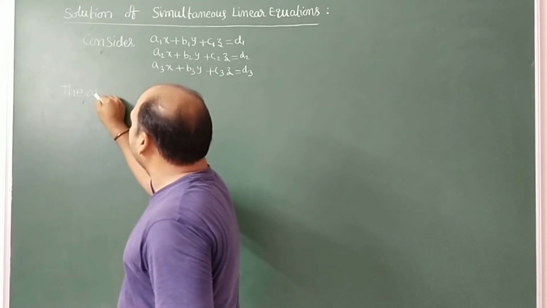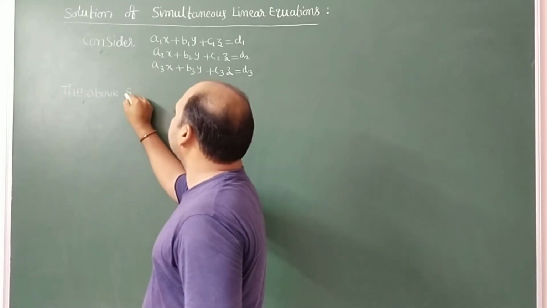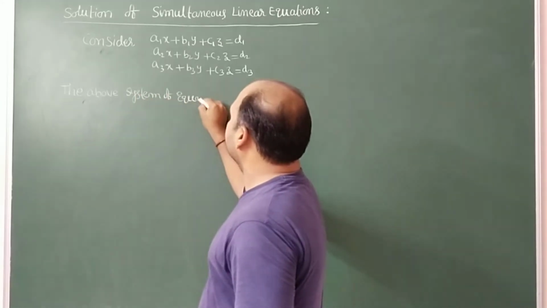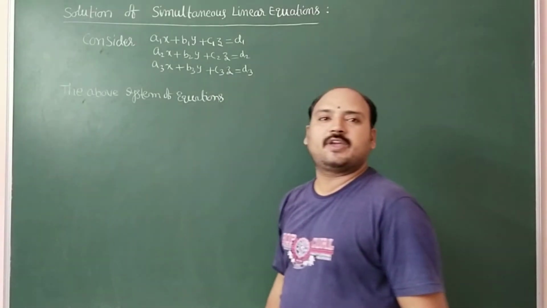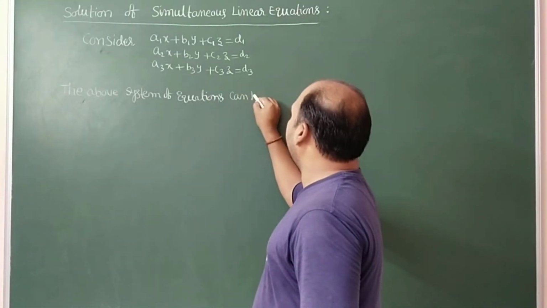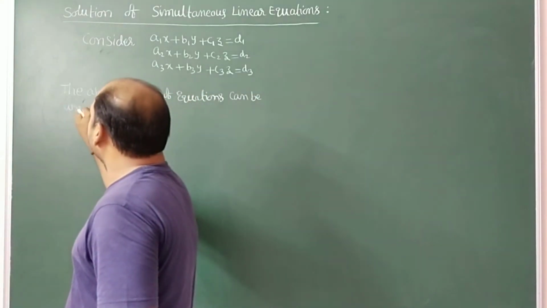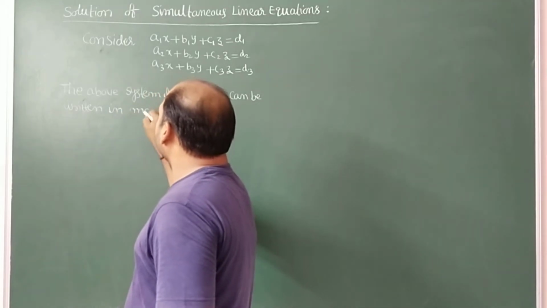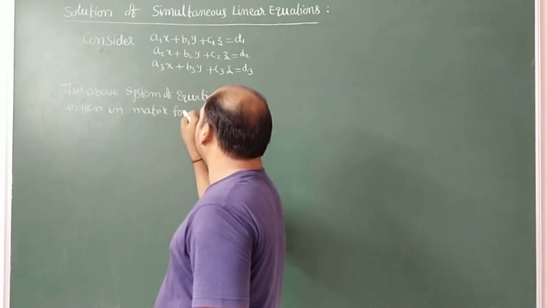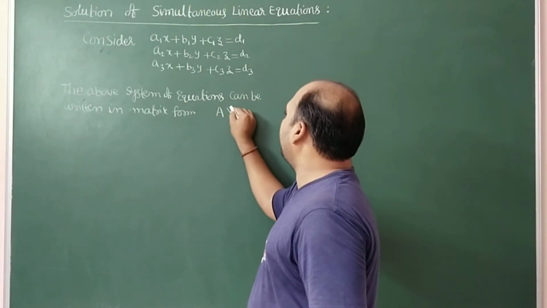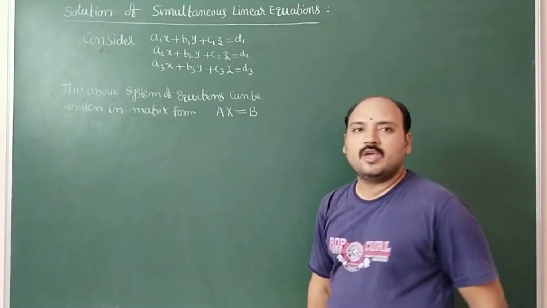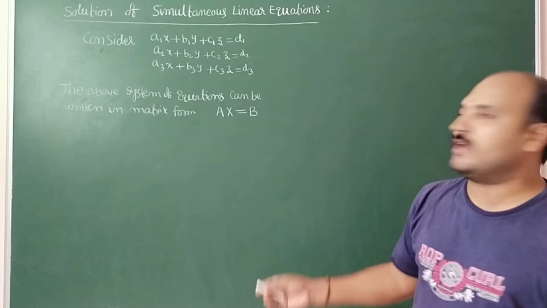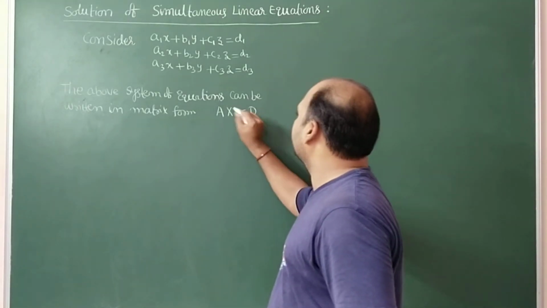The above system of equations can be written in matrix form, that is capital AX is equal to B. Here what is capital A, what is capital X, what is capital B, that I am going to write. D you can write, better to write D.